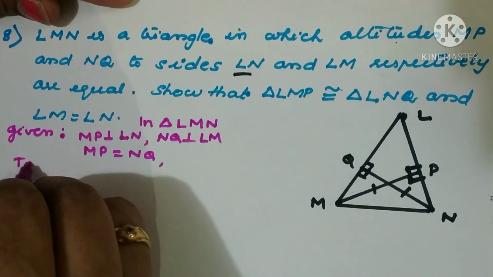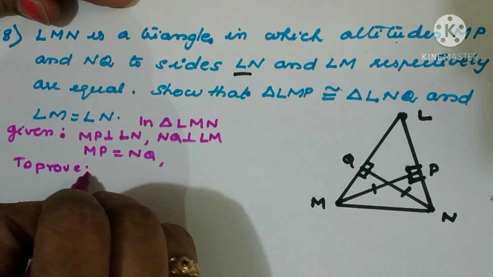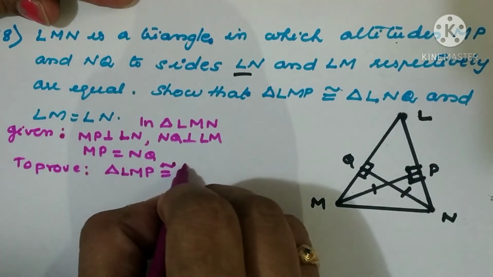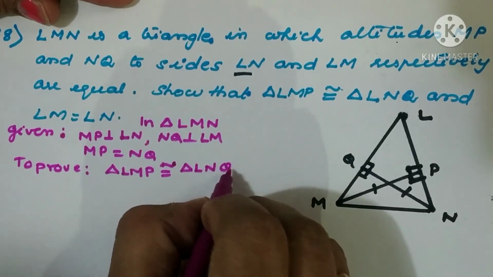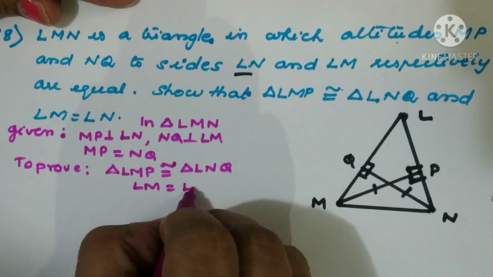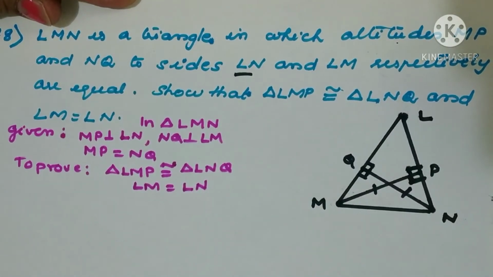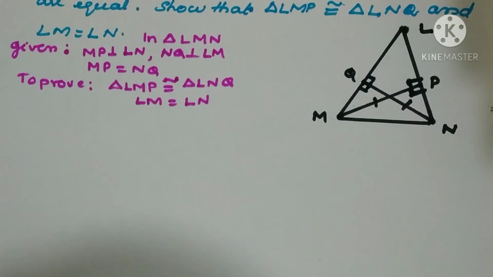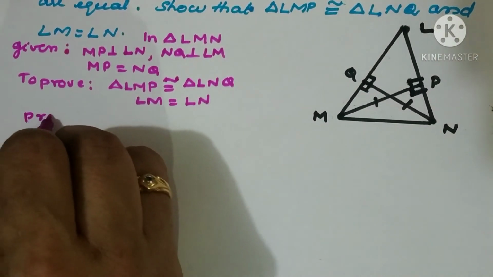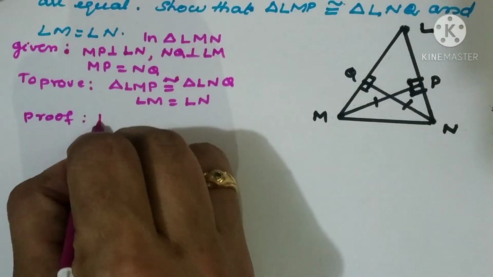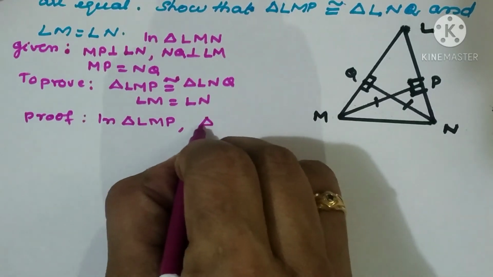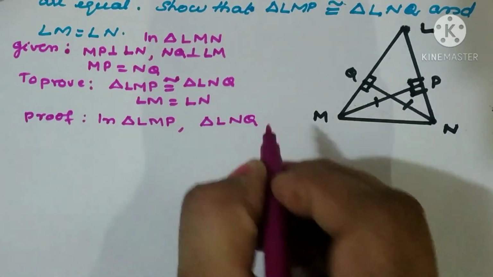To prove: triangle LMP congruent to triangle LNQ, and LM equal to LN. Two things we have to prove. Now we are going to take the proof in which triangles? Triangle LMP, triangle LNQ.